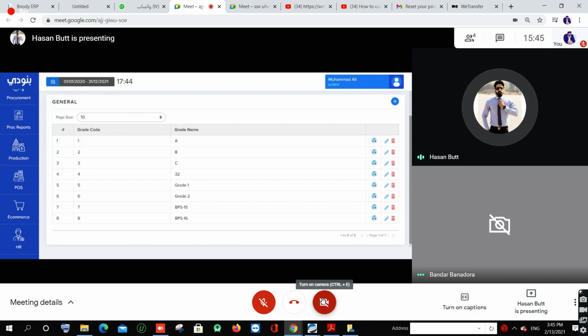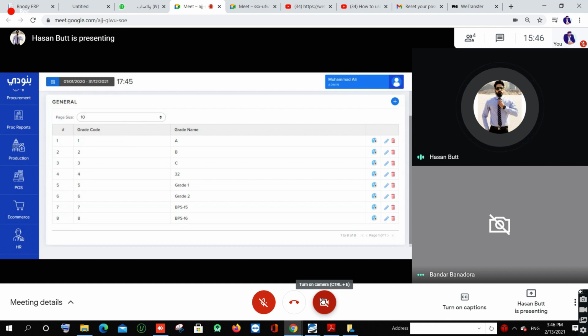He will be an officer of grade 2. So every person with his experience and with his job has different grades. Most likely in government jobs, as we can say in some countries, it can be BPS 15, BPS 16, BPS 17 or 18. So these grades grow with the time and the experience of the same designation.